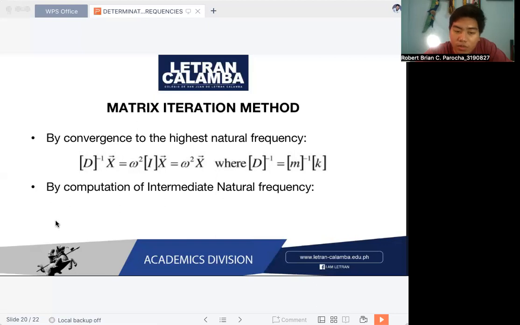Next, the sequence of trial vectors will converge to the highest normal mode x raised to n. The constant of proportionality in this case is frequency squared instead of 1 over frequency squared. Meaning to say, because any x pre-multiplied by the dynamical matrix would lead to the largest eigenvalue, it is necessary to remove the largest eigenvalue from the dynamical matrix.